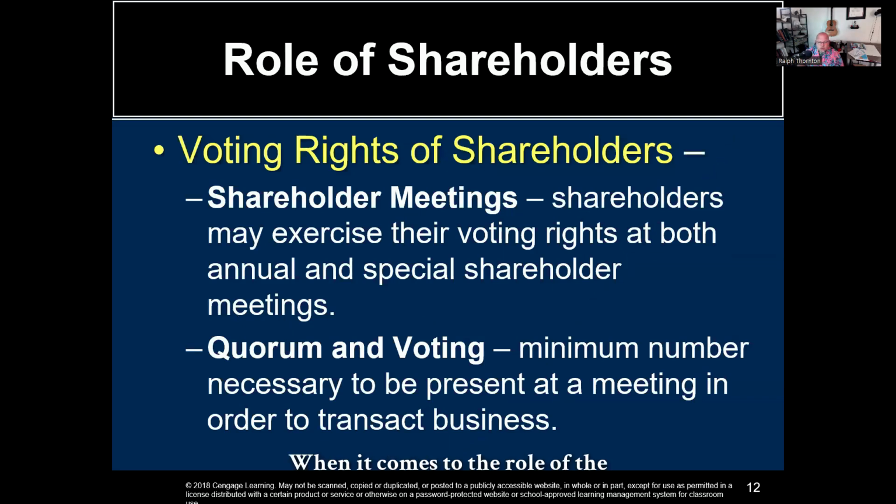When it comes to the role of the shareholders and their rights, shareholders normally have the ability to vote with common shares. They come in almost every case with voting ability. In other words, you get to vote on any changes, or at least major changes, that happen within a corporation.